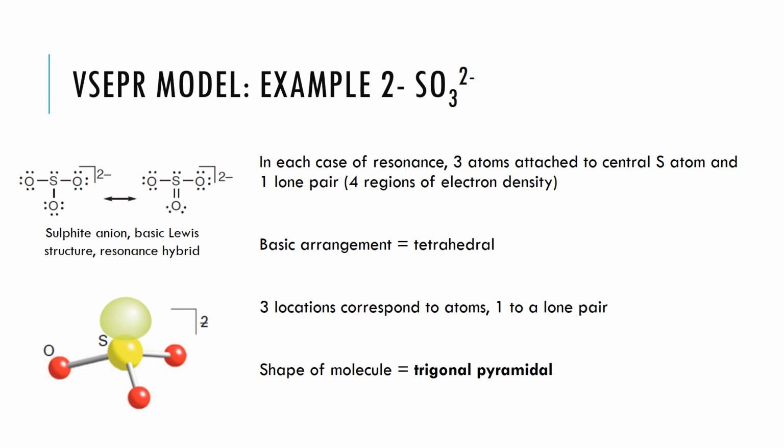So this is similar to the ammonia case. The arrangement of regions of enhanced electron density around that molecule is tetrahedral, but only 3 of those locations correspond to atomic bonds. The other region of enhanced electron density is a lone pair. So the shape of that molecule is trigonal pyramidal.